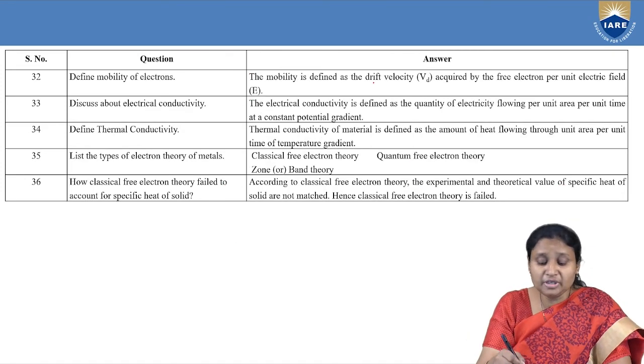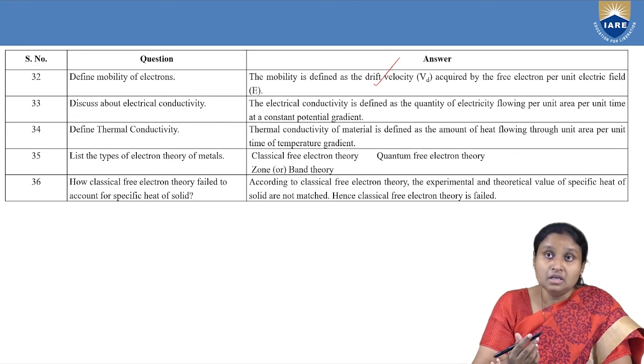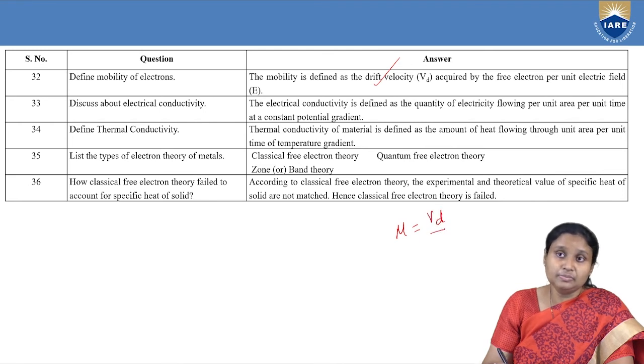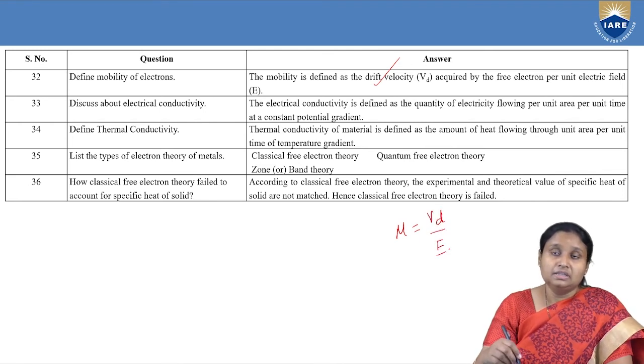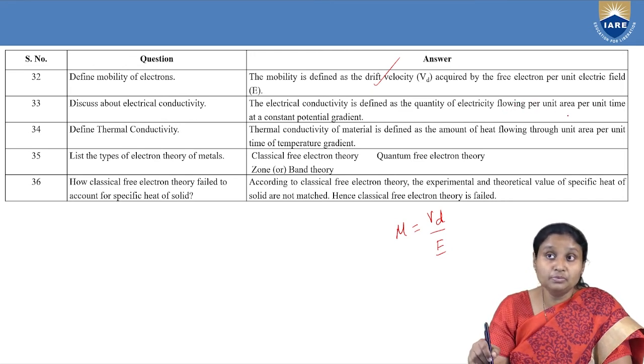Next is mobility. Once we apply an electric field to free electrons, they are going to move in one particular direction. Mobility, generally denoted as mu, is defined as drift velocity per unit electric field. Then electrical conductivity is how much current flows per unit area per unit time.